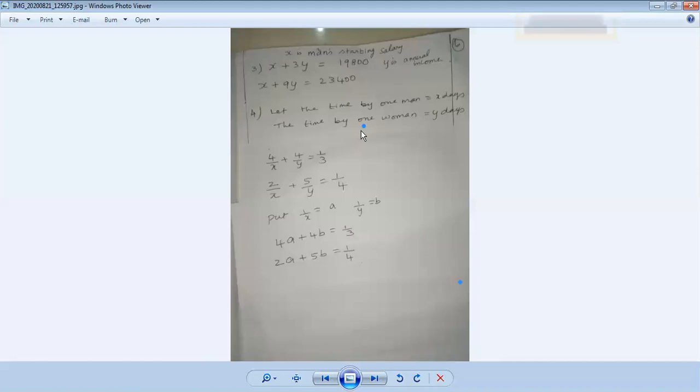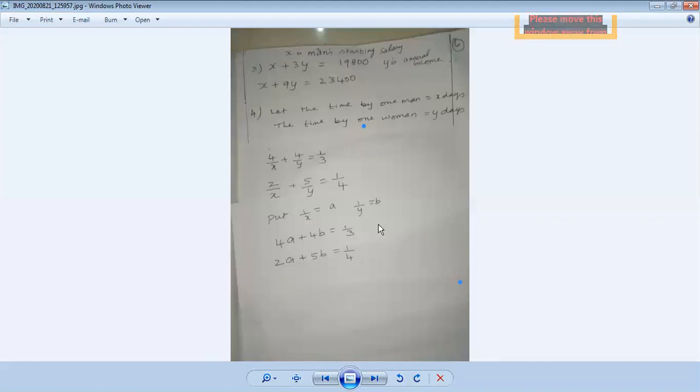So simply put, X and Y are in the denominators. So convert the equations into some other variable form. 4a plus 4b equal to 1 by 3, 2a plus 5b equal to 1 by 4. If you have doubt, you ask me, send it to me, through messages or WhatsApp you can ask. Then simplify and find out the values for a and b.